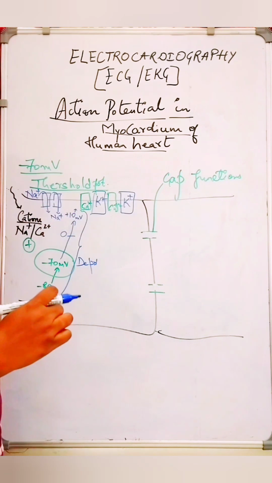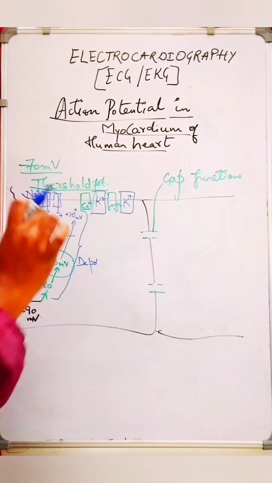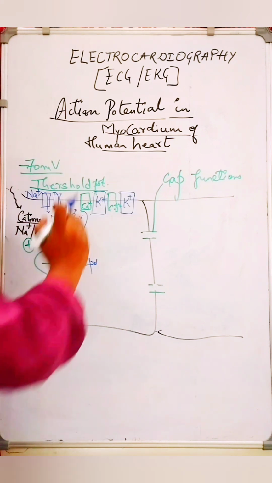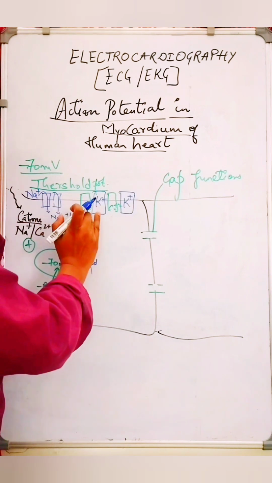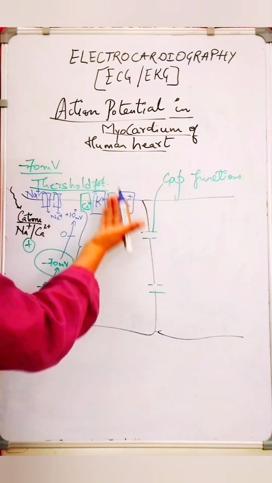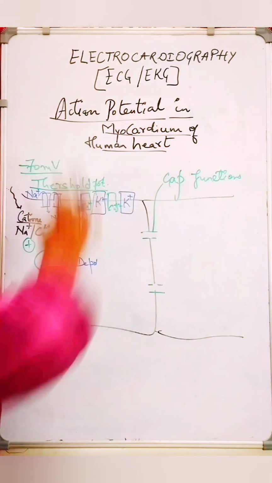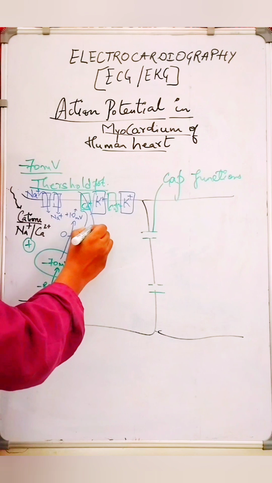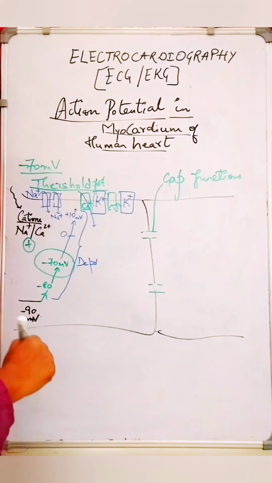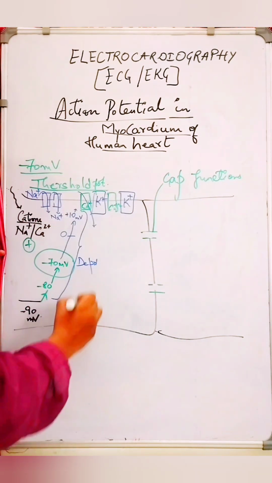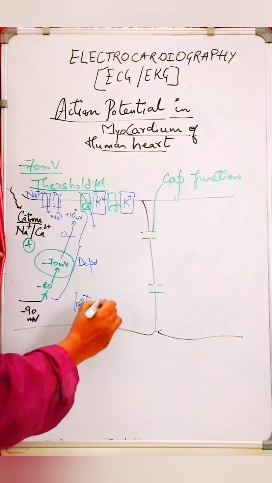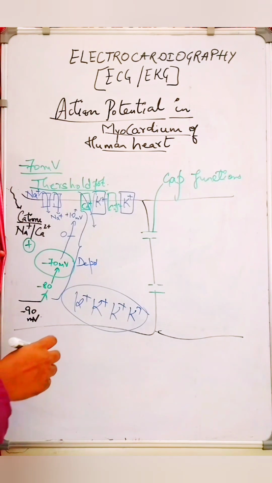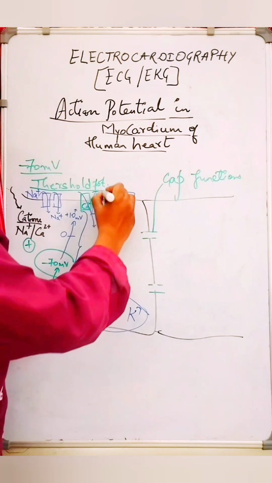At this point of plus 10 millivolt, maximum depolarization has occurred. At this depolarized state, the calcium as well as potassium voltage gated channels will open up, such that calcium will try to come inside, and since we know that inside the cell we have more potassium ions, potassium will try to move out.